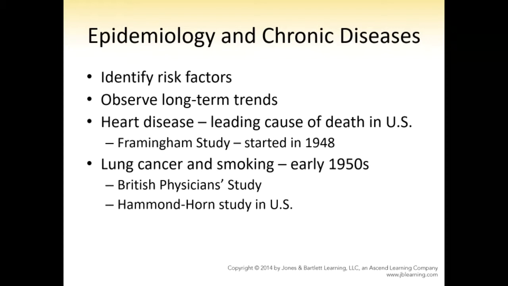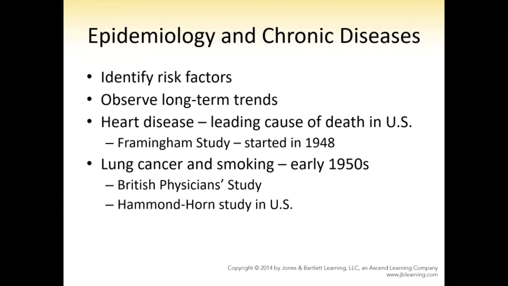When we look at epidemiology and chronic diseases, now remember, chronic diseases more often tend to be behavioral related and not caused by a pathogen. So for these, epidemiologists now have to look for risk factors as it relates to behavior or environment, could be where I'm living. They're looking for long-term trends.